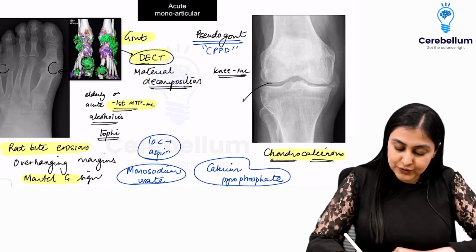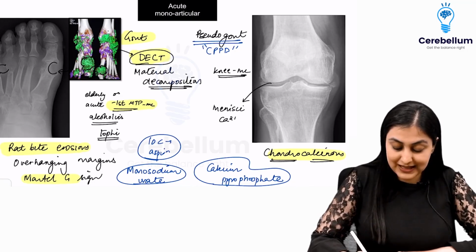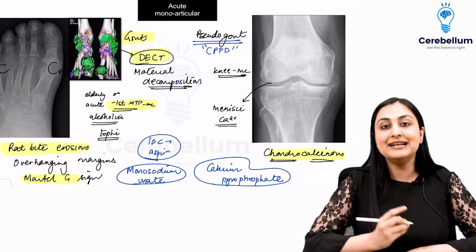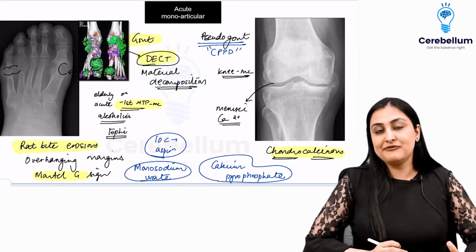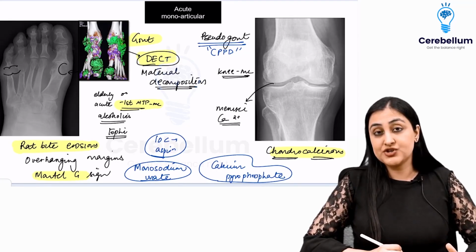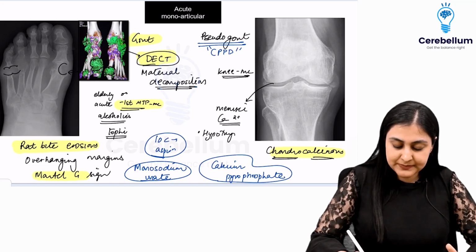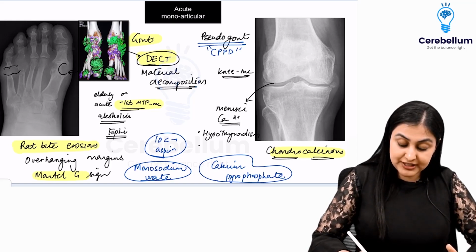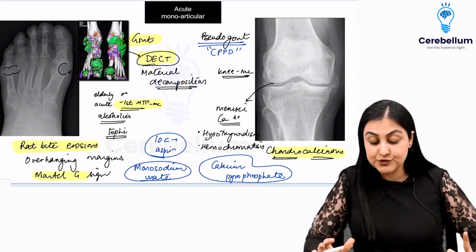In the knee, you would have the menisci. Can you see here that the menisci are calcified? That is the finding you will see in pseudo gout. You would also have various associations mentioned with pseudo gout. You can have associated hypothyroidism or associated hemochromatosis. Okay, so this in a nutshell is the topic of pseudo gout.